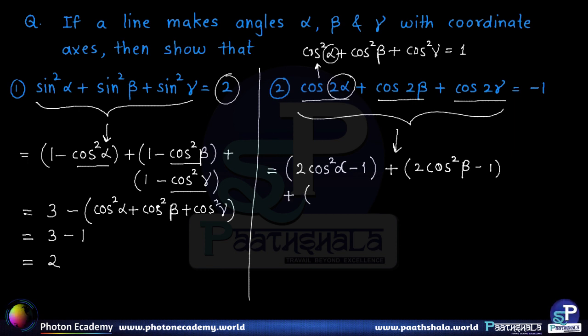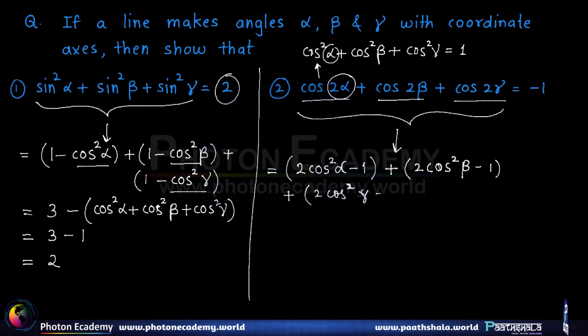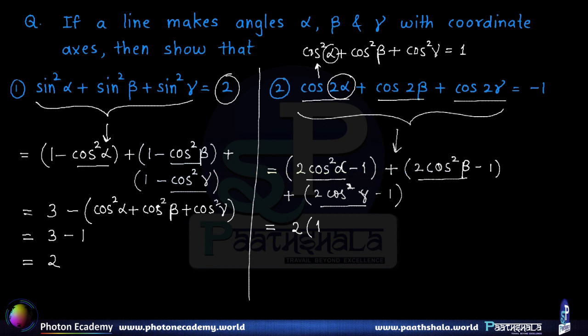and for cos 2 gamma we can write 2 cos square gamma minus 1. So once again collecting all the like terms, if we observe 2 cos square alpha, 2 cos square beta and 2 cos square gamma, when the cos square terms are added we will get the answer as 1.